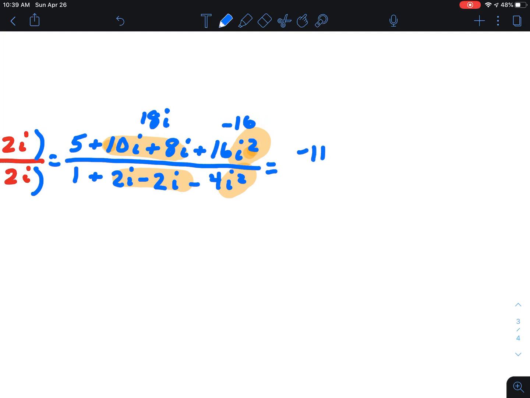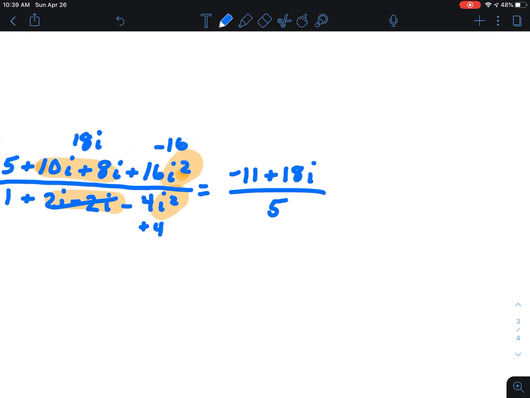Goodness, Mr. Burns. Negative 11 plus 18i. And in the denominator, that's going to go away. We're going to get 1 plus 4, which is 5. So at this point, I would look to see if there's anything that I can divide every term by. Nope. Guess what? There it is.